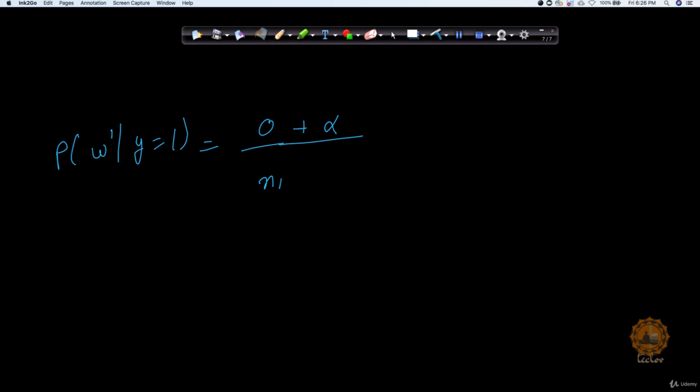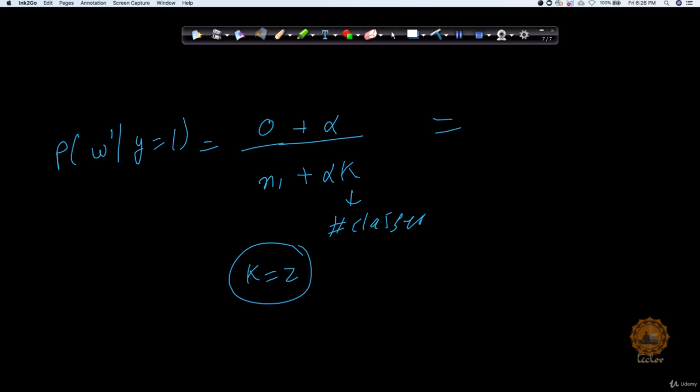Now alpha will be a hyperparameter, okay? So this alpha and alpha k, you might be using these hyperparameters a lot in your machine learning. This k is nothing but your total number of classes. Like in my last example, I have taken y as value 0 or 1, so in this case my value of k could be 2.